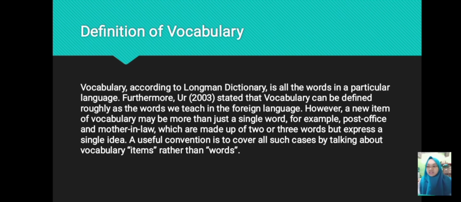However, a new item of vocabulary might be more than just a single word. For example, post office and mother-in-law, which are made up of two or three words but express a single idea. A useful convention is to cover all such cases by talking about vocabulary items rather than words.